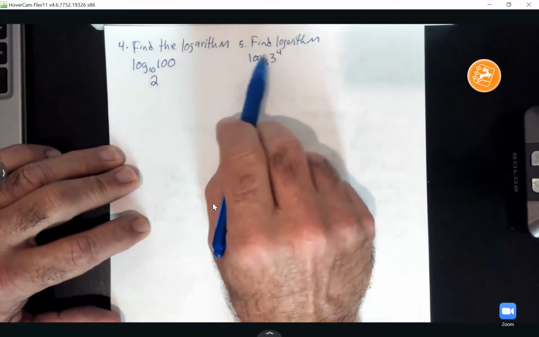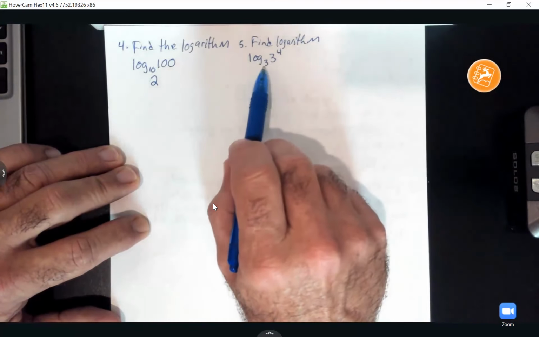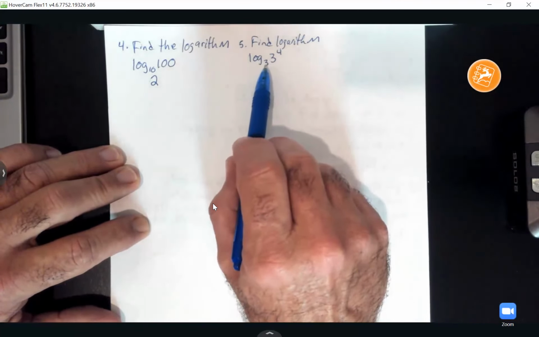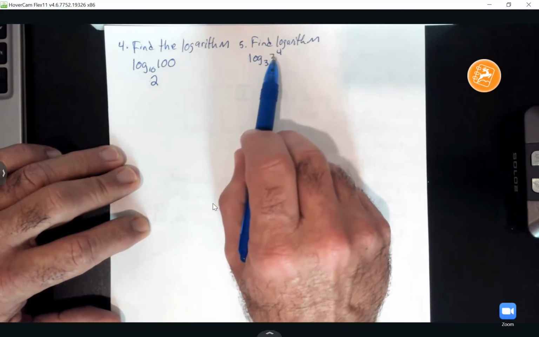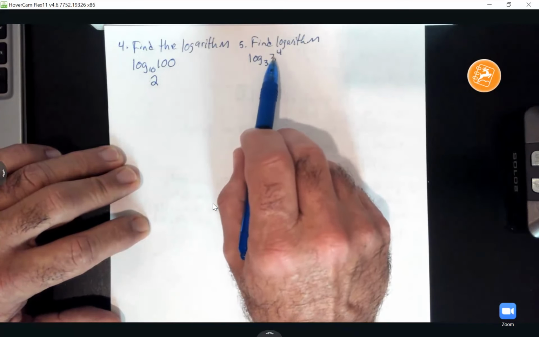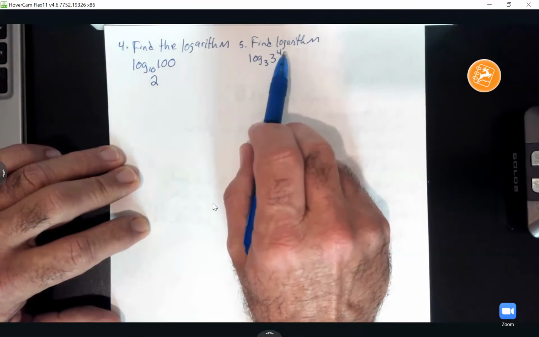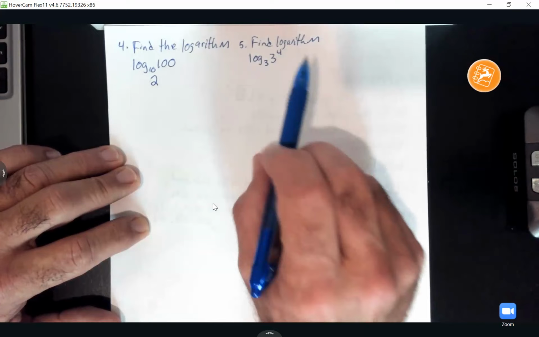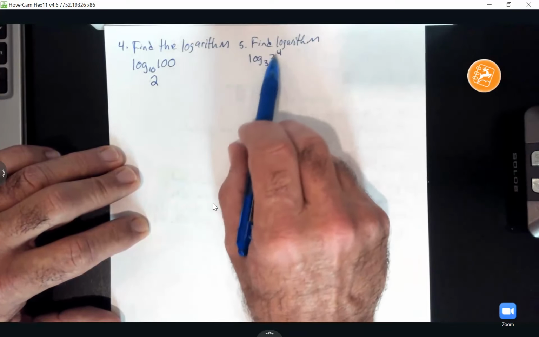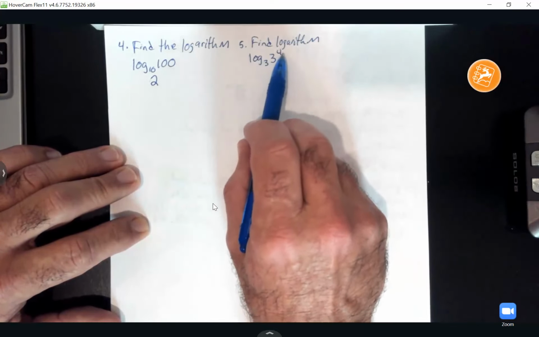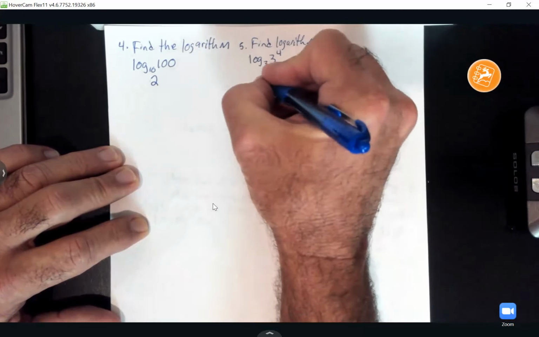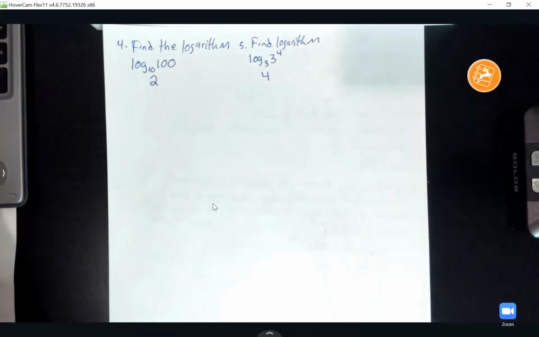Now this one, there was a property that said if we have a base that matches the base of the result raised to an exponent, the answer was always the exponent. So anytime these match, your answer will be that exponent.